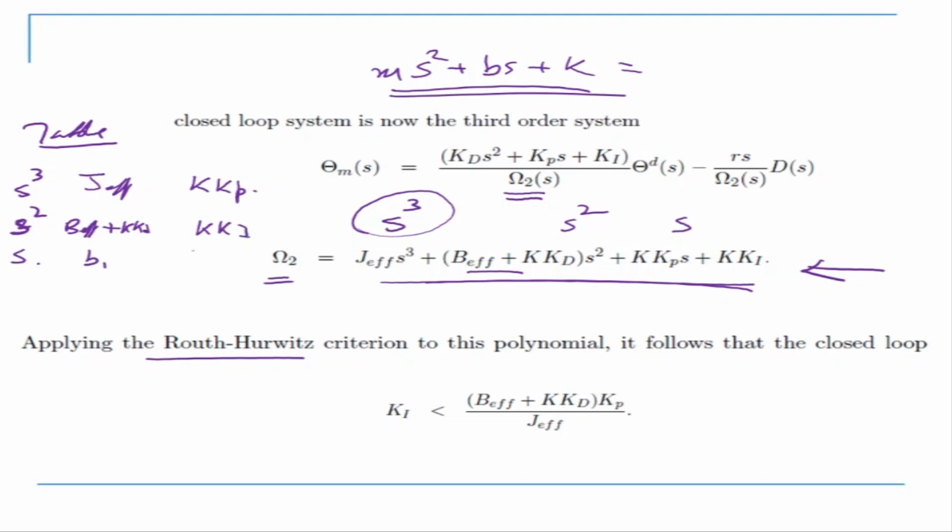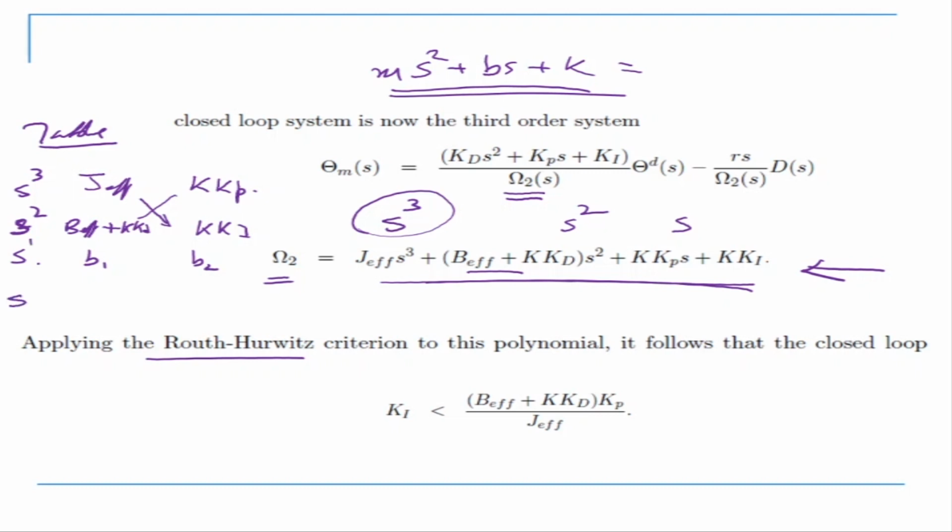So you need to find b1, b2. How do you find those b1, b2 terms? b1 is going to become this times this minus that times that.